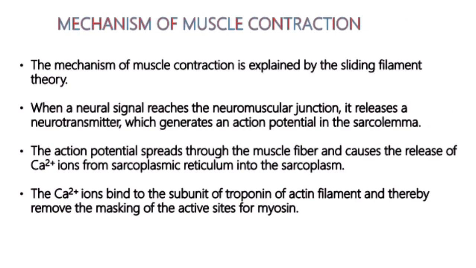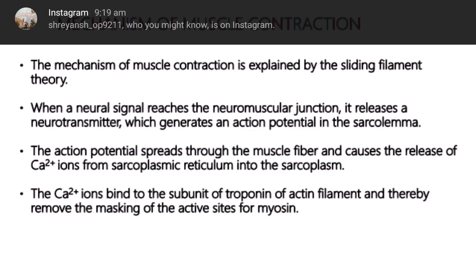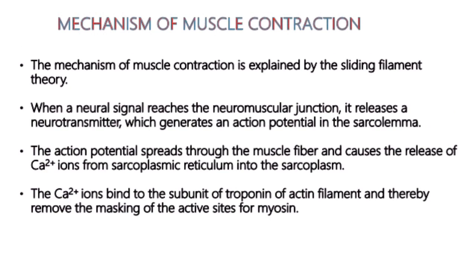Mechanism of muscle contraction. The mechanism of muscle contraction is explained by the sliding filament theory. When a neural signal reaches the neuromuscular junction, it releases a neurotransmitter which generates an action potential in the sarcolemma.